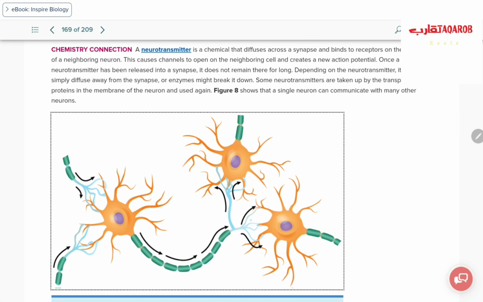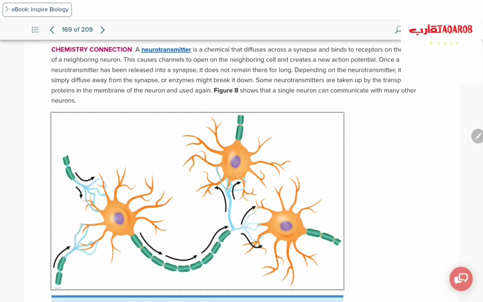So here we have a synapse between the end of the axon and the dendrite of another neuron. At the end of the axon we have a neurotransmitter.